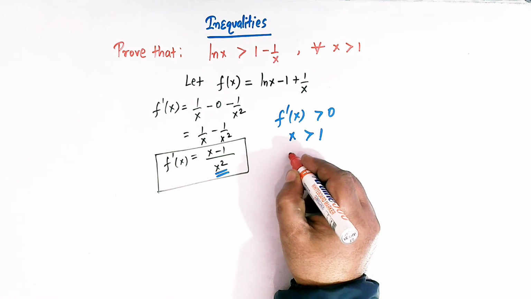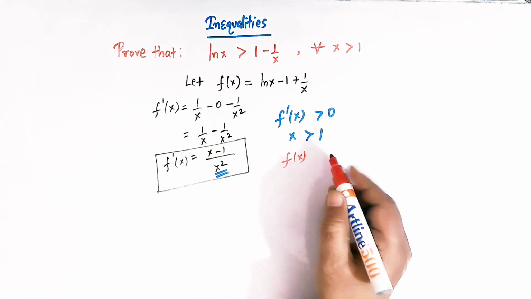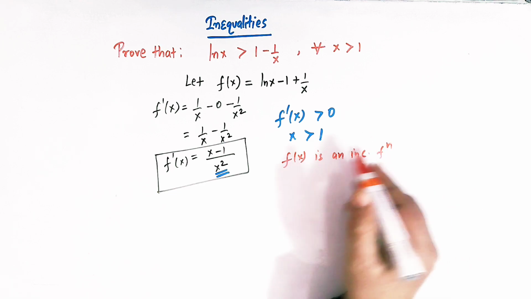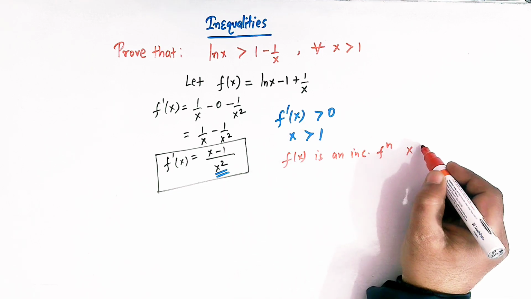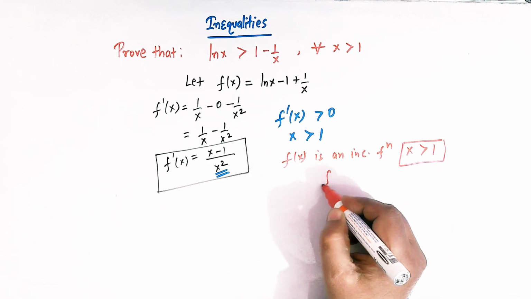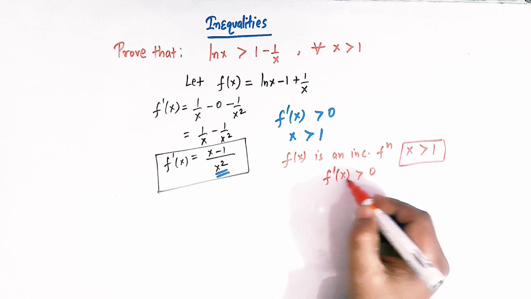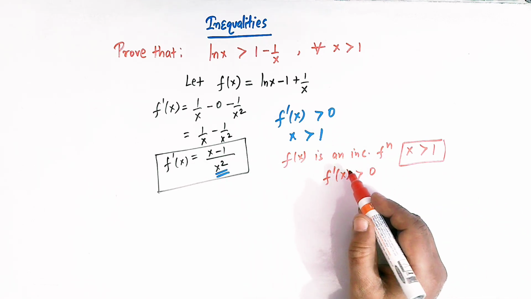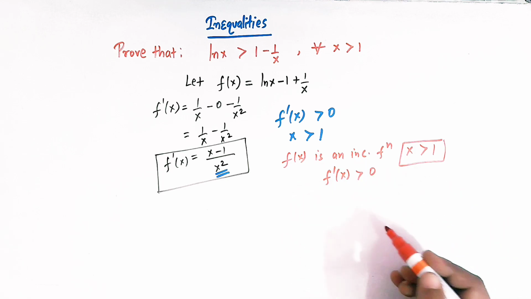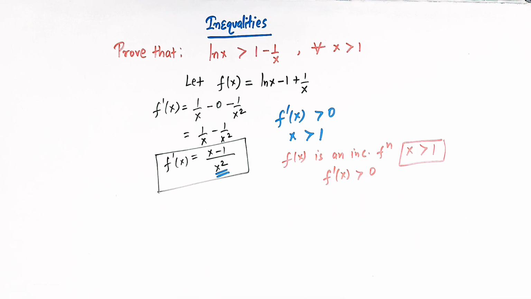So we conclude that f of x is an increasing function for all values of x greater than 1, because the derivative is positive. A function is said to be increasing if the derivative is positive. Now let us make use of another definition of an increasing function.